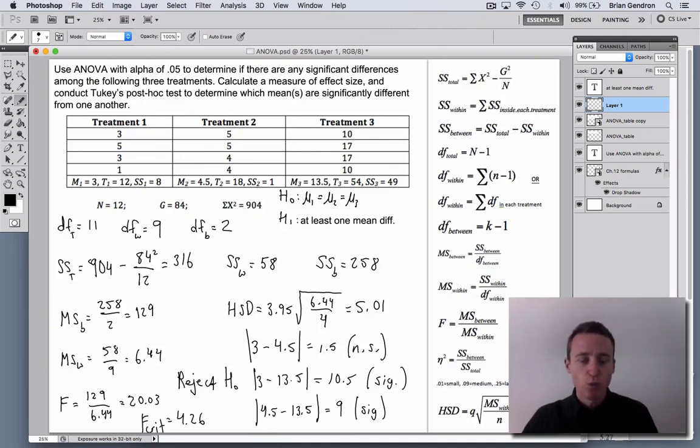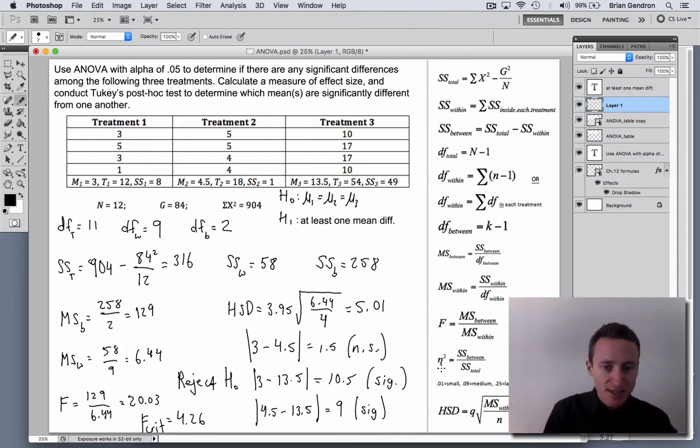Let's just summarize what we did and what we found. We were checking with analysis of variance, Anova, whether or not there's at least one mean difference between these 3 treatments. And our initial analysis of the Anova gave us a conclusion of reject the null hypothesis, which means yes, we believe there is at least one mean difference. We then measured the effect size with eta squared, and I erased that to save some room, but the interpretation was a very large effect.